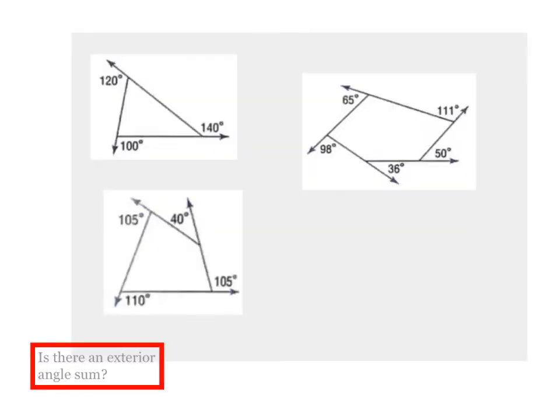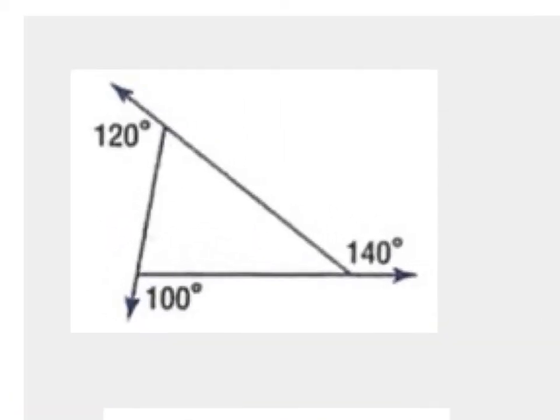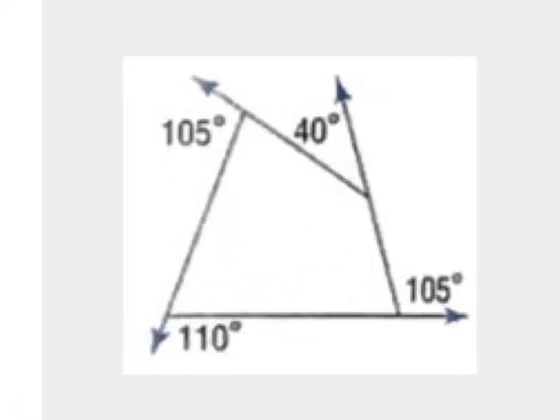When we look at a number of different polygons and we add up their exterior angles, 120 plus 140 is 260, plus 100 more is 360 degrees. If we take our quadrilateral, 105 and 105 is 210, plus 40 is 250, plus another 110 is 360.